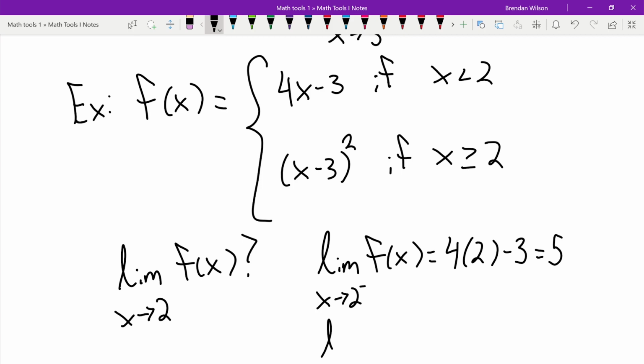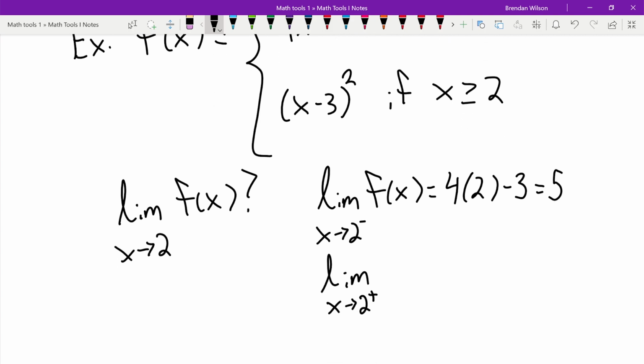And now we do the limit as x approaches 2 from the right of f of x. Now, immediately to the right, we don't really care at all what happens at x equals 2. We just care about immediately to the left and immediately to the right.